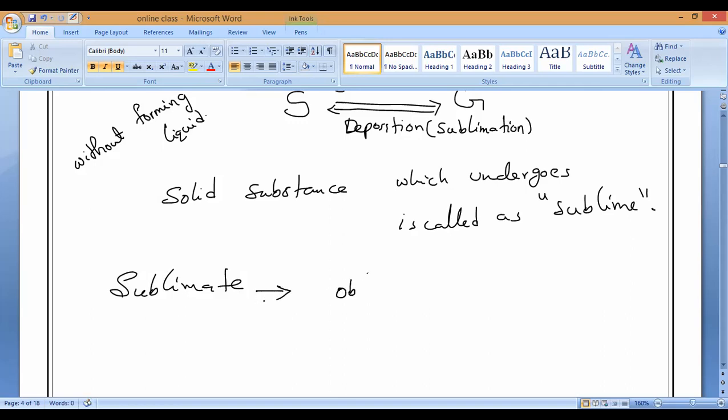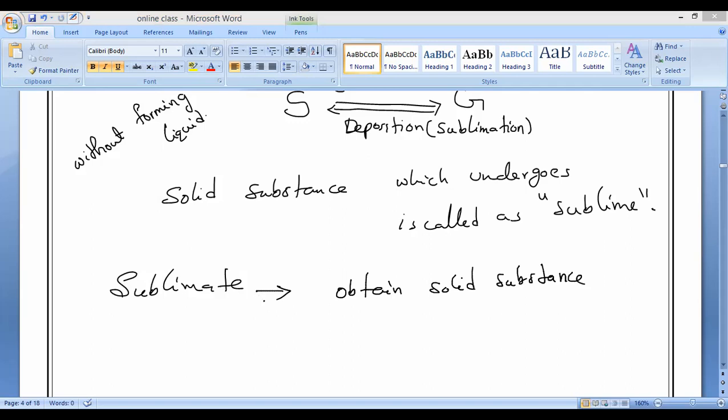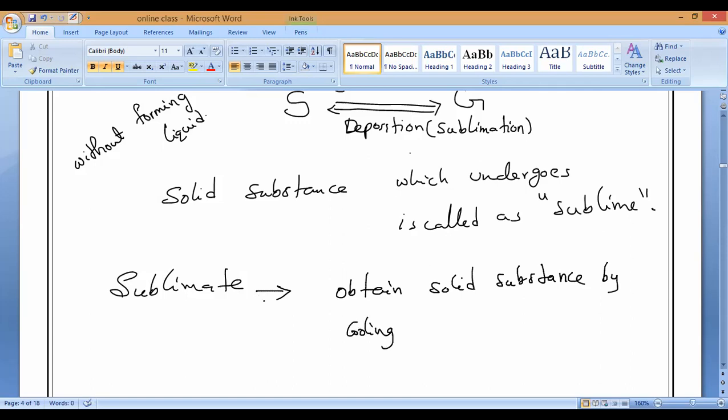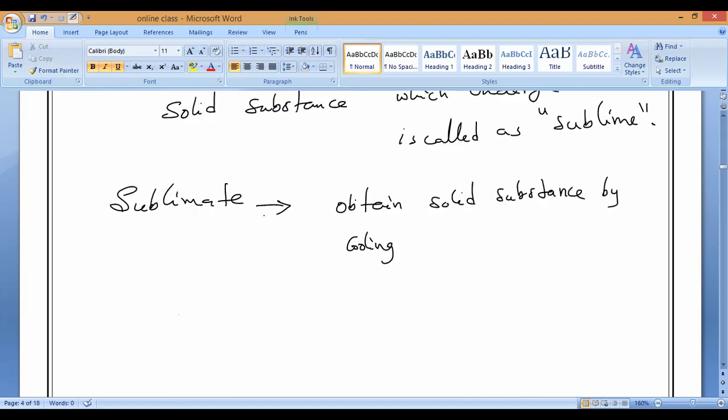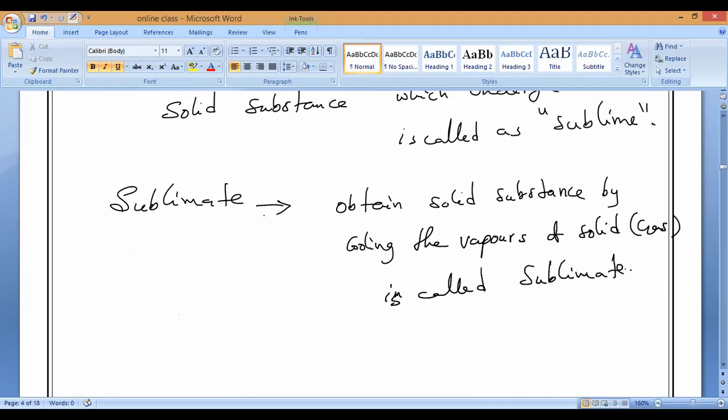So sublimate means obtaining a solid substance by cooling the vapors of the solid. Solid to gas, is it heating or cooling? Heating. And gas to solid is cooling. So heating solid to gas gives a sublime, and obtaining a solid substance by cooling the vapors, the gaseous state, gives a sublimate.